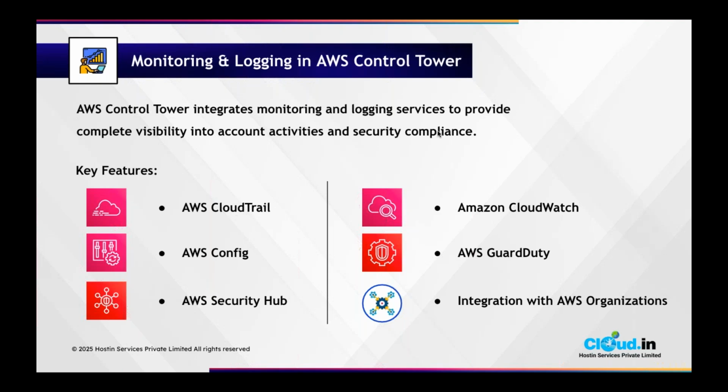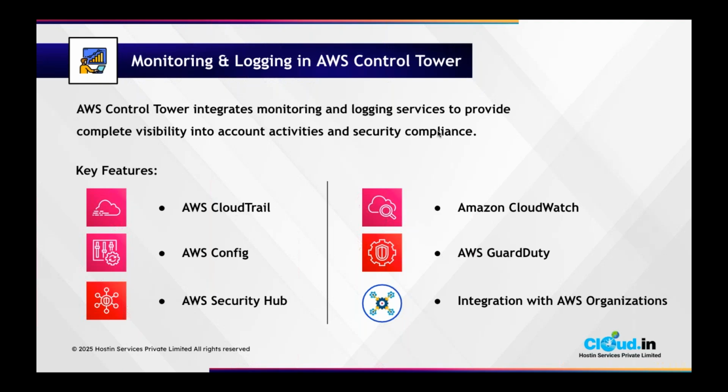Coming to the fourth key feature, which is Amazon CloudWatch. CloudWatch is all about performance monitoring. It collects logs, metrics, and events from applications, the AWS infrastructure, and even some custom logs. You can set up dashboards to visualize your CPU usage, memory consumption, and network traffic as well.